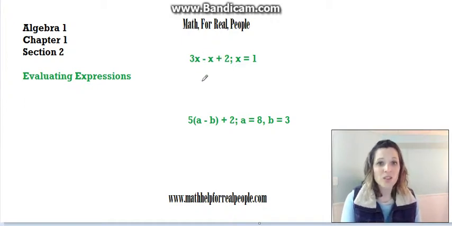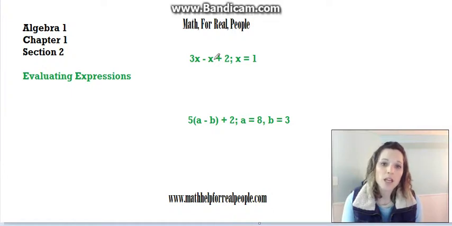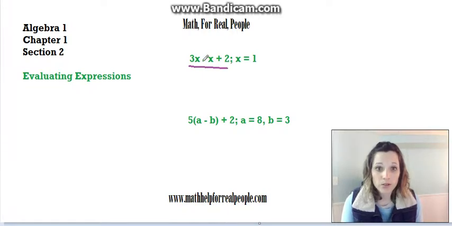Now it sounds scary, so stop being scared, stop being afraid, because here's what's happening. Evaluating the expression means they gave you the expression, meaning variables with numbers with operations, and then they told you what the variable was equal to. They want you to plug it in.